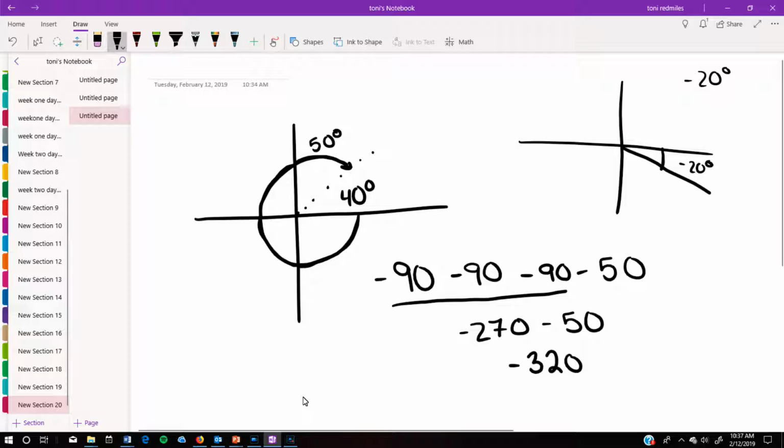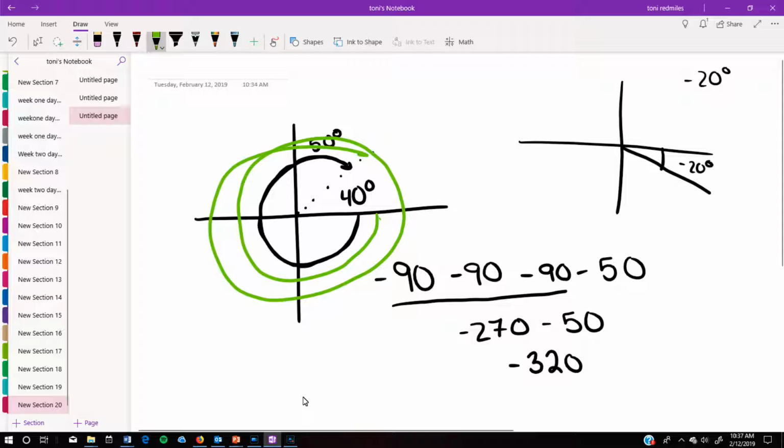Okay, I could find two negative coterminal angles by starting from here and going around twice and then getting to my terminal side. I still have the same initial, the same terminal side, so it can be a coterminal angle. It's just now I have to go around 2 times.